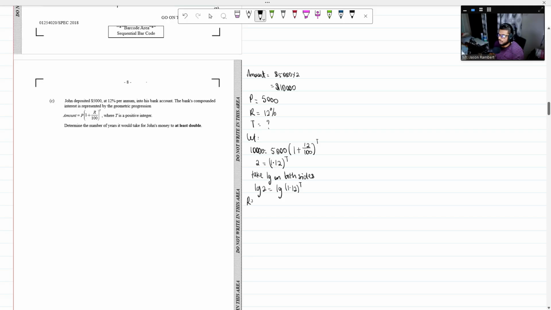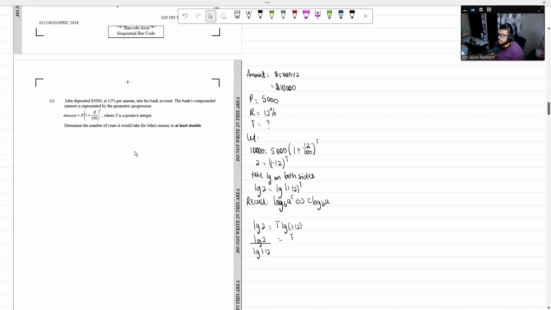I'll recall a law of logs that allows me to bring the t down as a coefficient: log of a to the power c to base b. The laws work both ways. It's c log a to base b. So log 2 is t log 1.12. Log 2 divided by log 1.12 is equal to t.